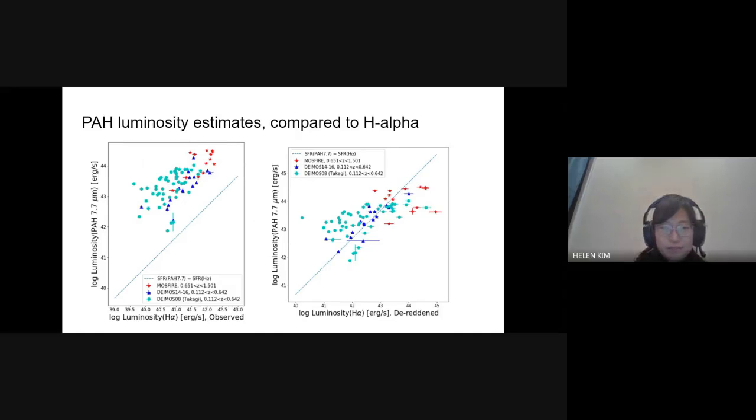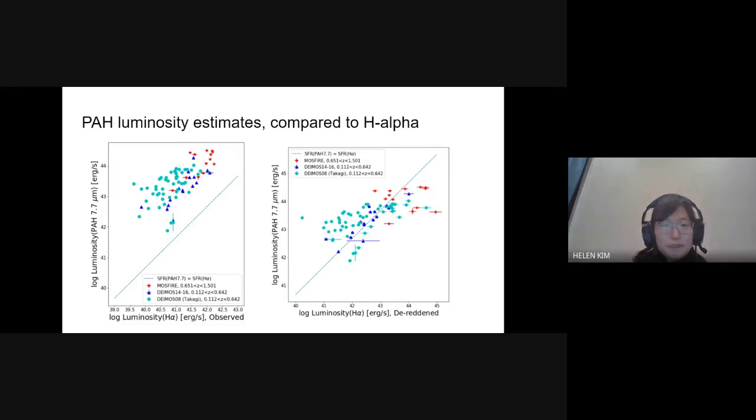And so with the PAH 7.7 micron luminosity estimated from the SED fit, we compared those estimates to our observed H alpha luminosity. So on the left is the PAH luminosity versus the observed luminosity, and on the right we have the de-reddened H alpha luminosity, assuming the Calzetti extinction law.